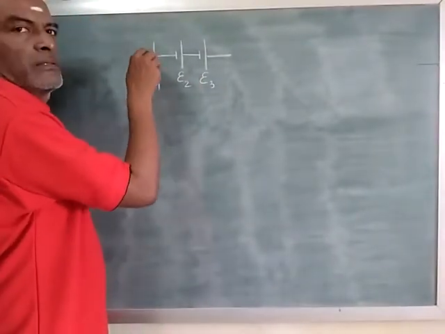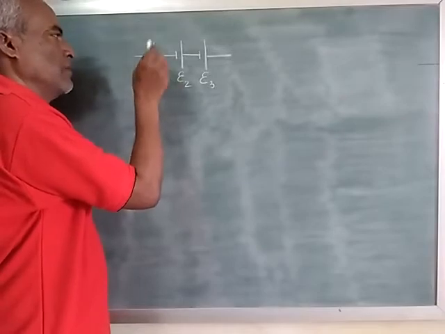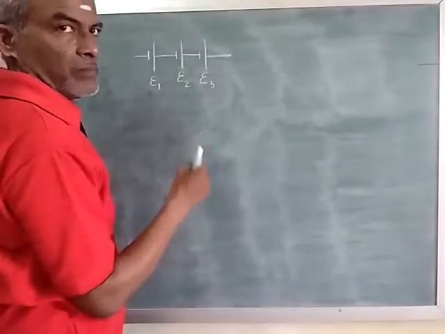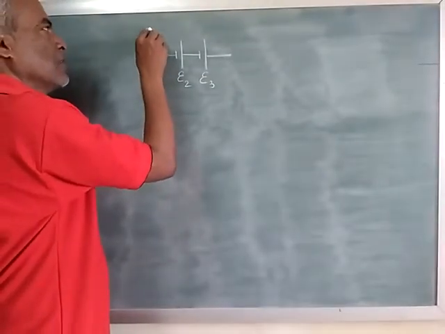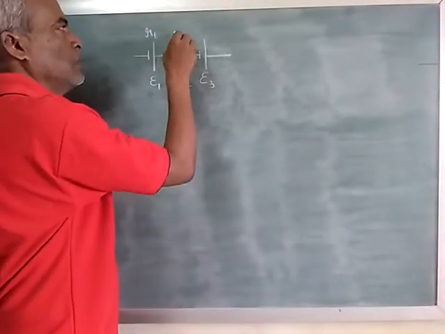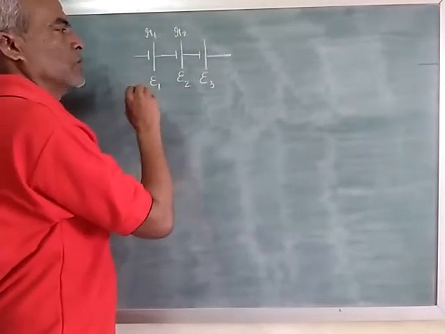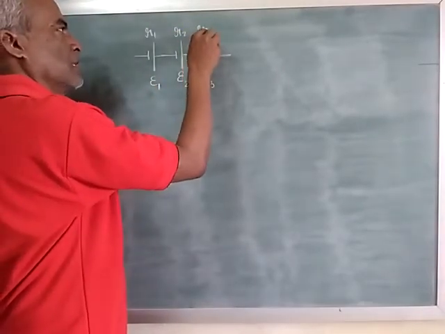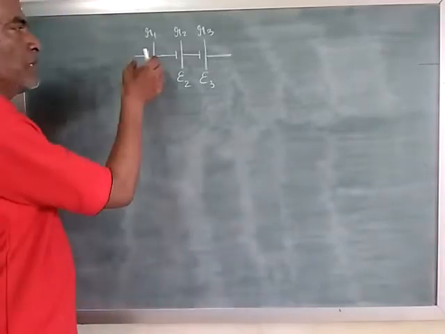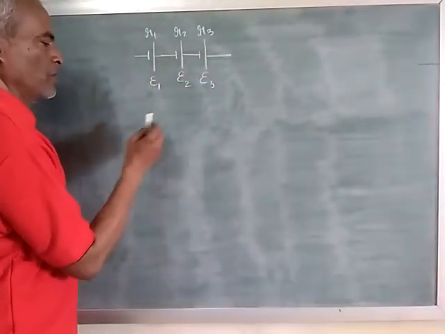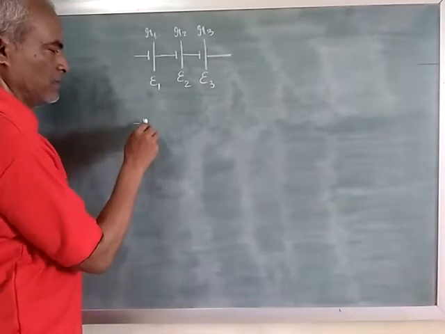Now the entire thing will form a battery. Now this is in series connection. This is having internal resistance of R1, internal resistance of R2 and internal resistance of R3. Okay. So each cell can be drawn equivalently like this.